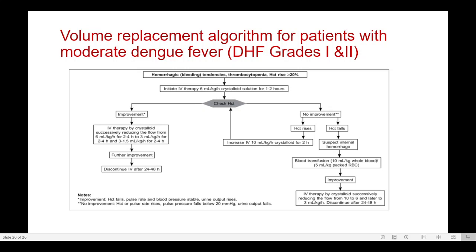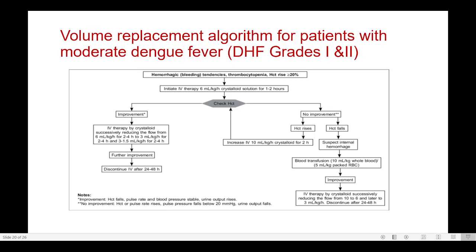All these are the most essential things of dengue management, especially the severe form. So, the volume replacement algorithm for patients with moderate degree dengue fever, that means dengue hemorrhagic fever grade 1 and 2. As we have already said, these dengue hemorrhagic fever grades 1 and 2 are characterized by bleeding tendencies and associated with thrombocytopenia less than 1 lakh and hematocrit rise greater than 20%. So initiate IV therapy with 6 milliliter per kg per hour of crystalloid solution for 1 to 2 hours.